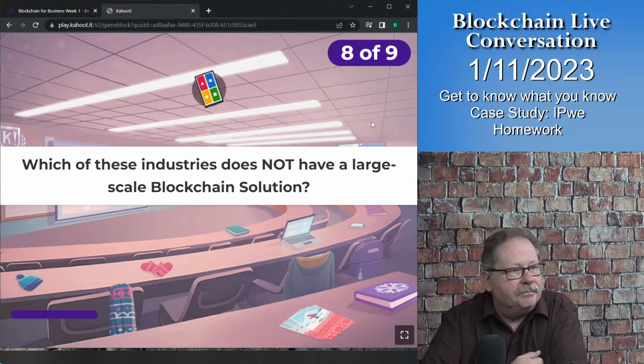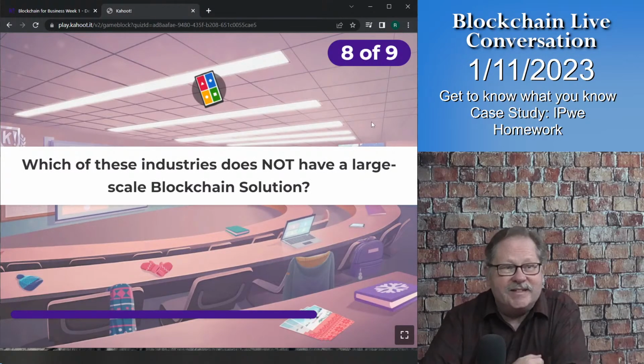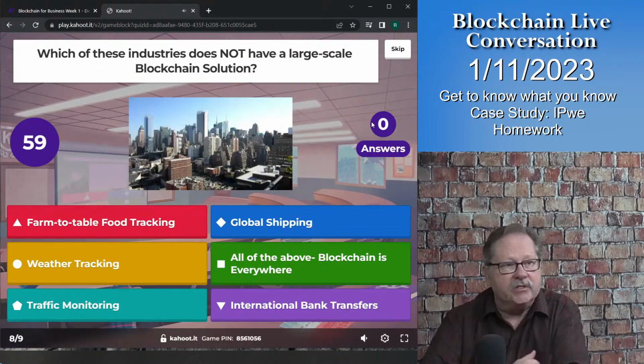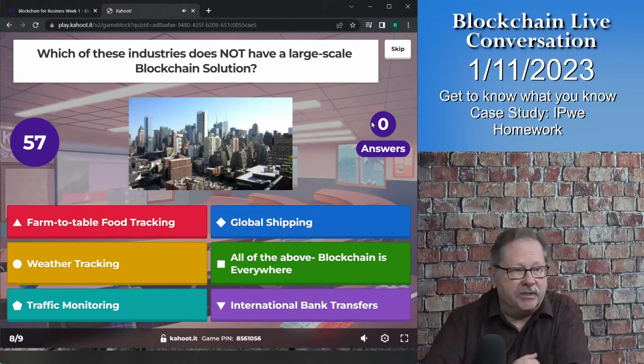Okay. So, which of these industries does not have a large-scale blockchain solution? Farm-to-table food, or global shipping, or weather tracking, traffic monitoring, international bank transfers, or if you're choosing green, all of the above? Let's see what everybody answers.